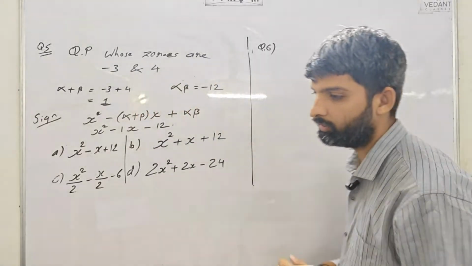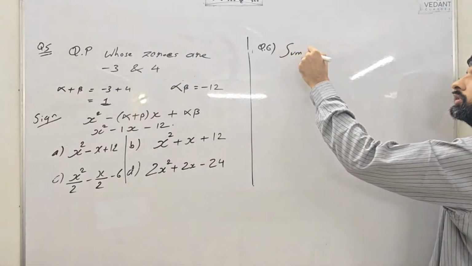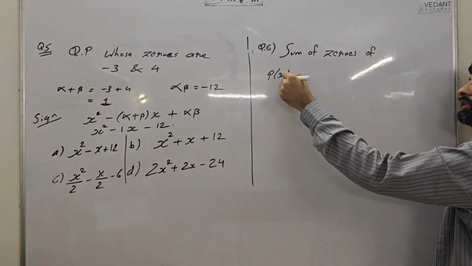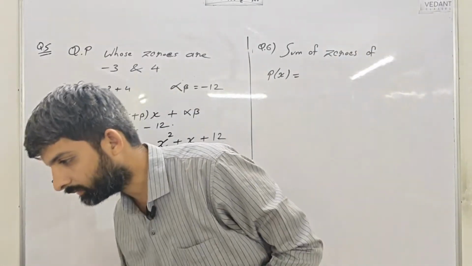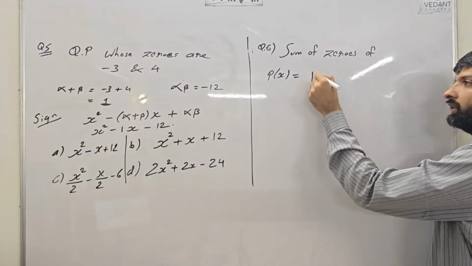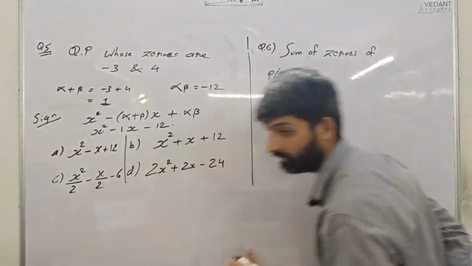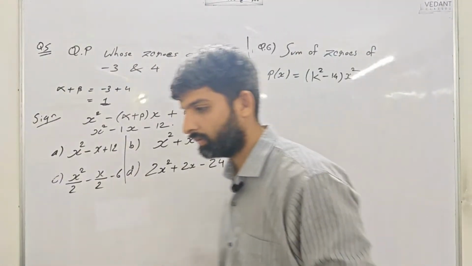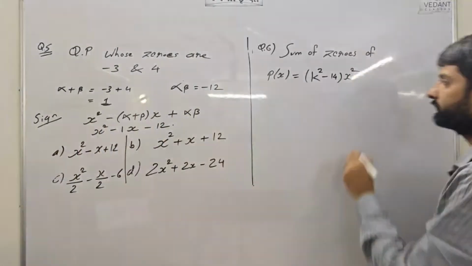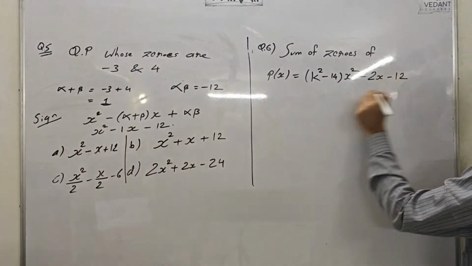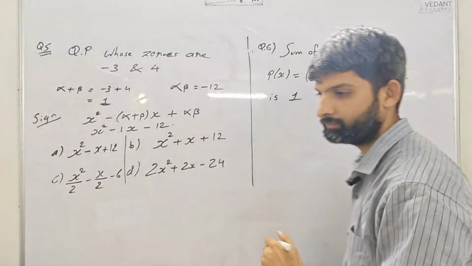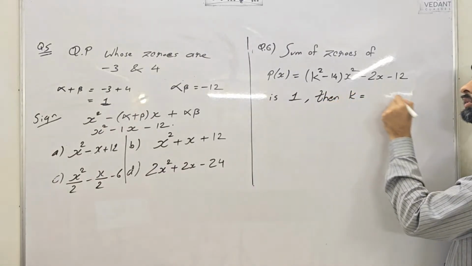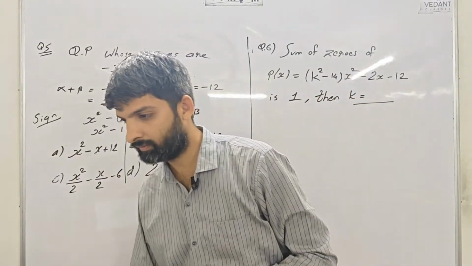If the sum of zeros of p of x is equal to k square minus 14 x square minus 2x minus 12 is 1, then k is equal to blank. That you need to identify.